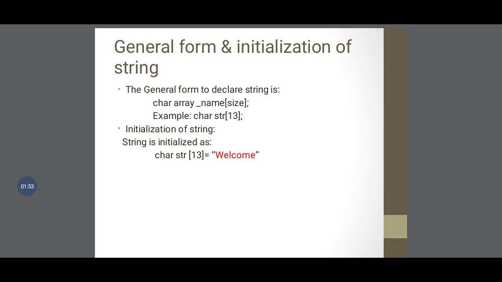First of all we write char, then the name of the string, and in the square brackets you mention the size of that string. Below that I have written char, the name of the string is str, and in the square brackets I have mentioned the size, which is 13.